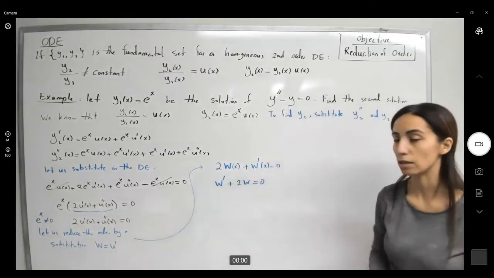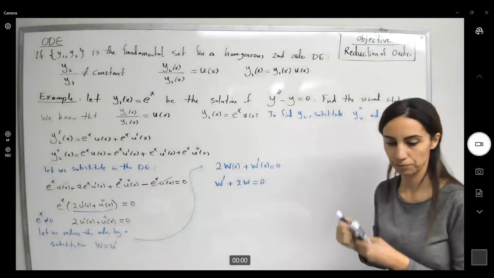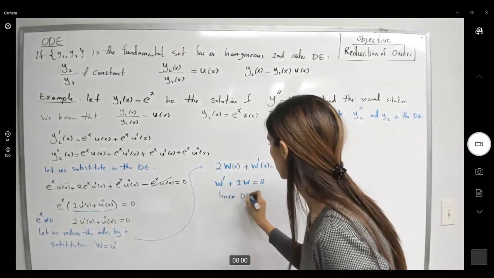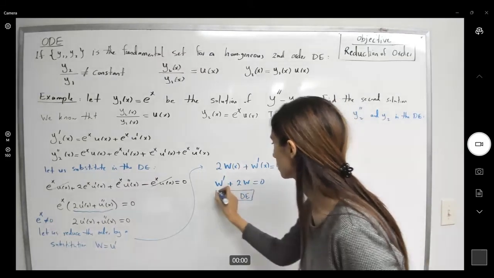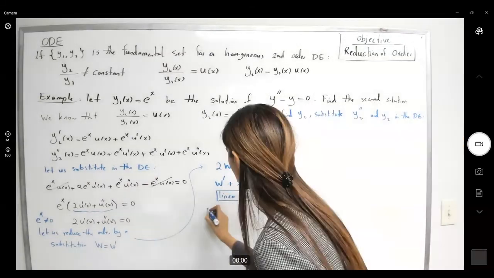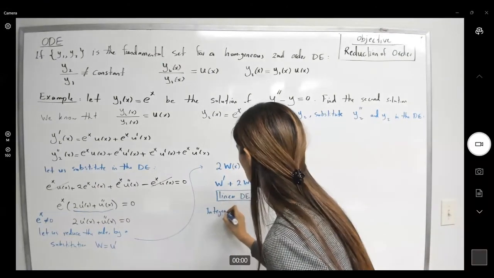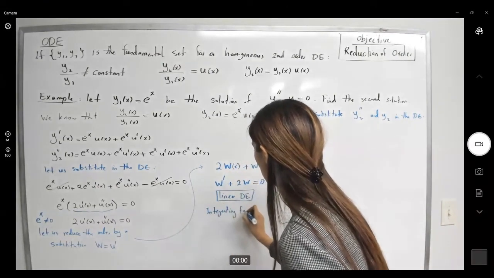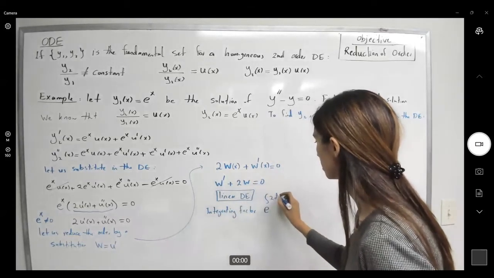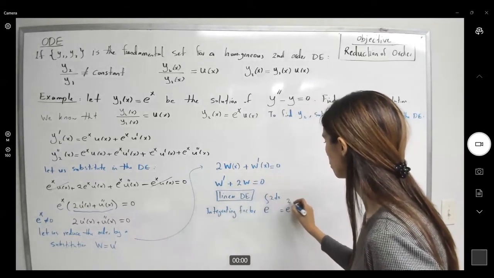As you can see, it's a linear differential equation. Since we have a linear differential equation, we need to find the integrating factor. The integrating factor is e to the integral of 2 dx, which is e to 2x.